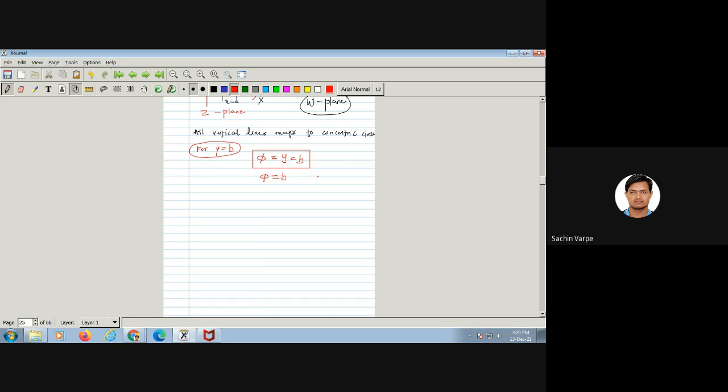So what will phi equal to b represent? b is constant. First tell me, what is y equal to b in the z plane? y equal to b represents what in the z plane?